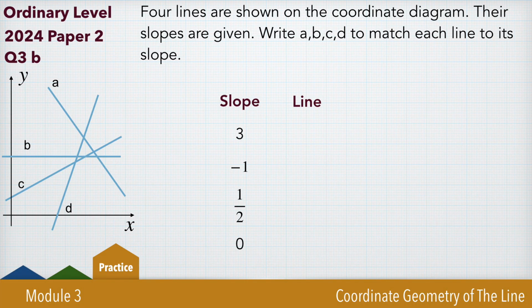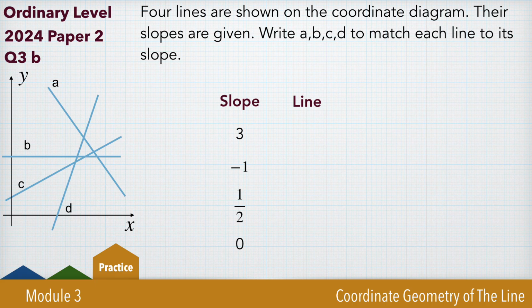Here we are given a coordinate diagram with 4 lines plotted. The slopes of the lines are given to us, and we are asked to identify which line, A, B, C or D, matches each slope value. Looking at the slope values, we see there are 2 positive slopes, 1 negative slope, and also a slope of 0.